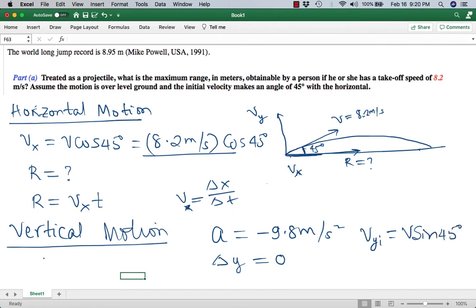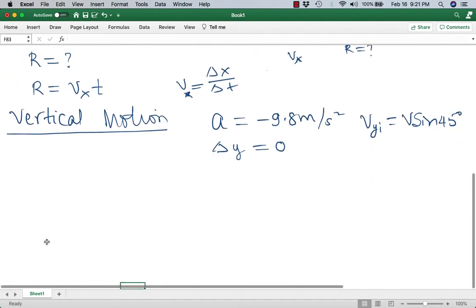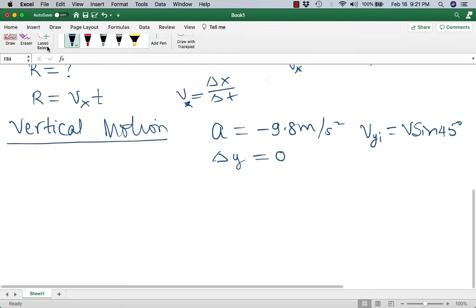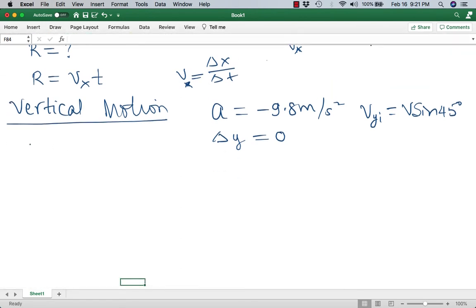Okay, so to find the time, let's use this formula. So delta y is equal to viy t plus 1/2 a t squared.